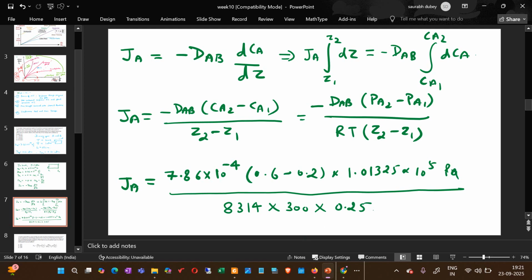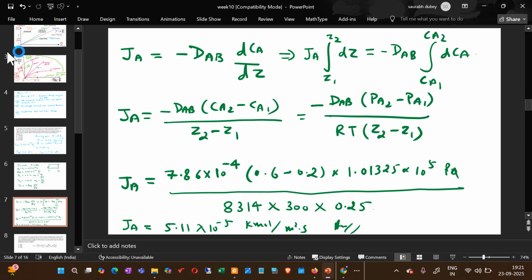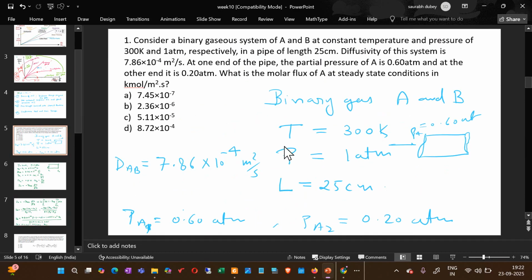So solving this, what you will get? JA equals 5.11 into 10 to the power minus 5 kilomole per meter square per second. So this is the answer, right? Which option is this? It is option C. C is correct.